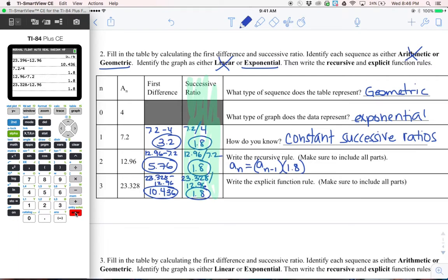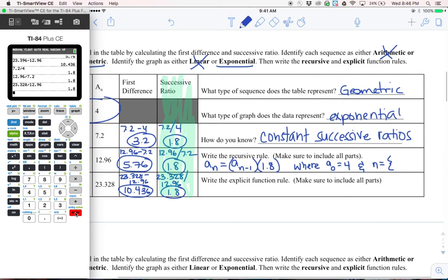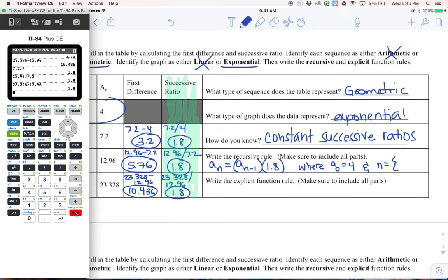All right, now make sure to include all parts. Here's what that means. You need to tell me the initial amount. So a sub 0, the initial amount was 4, and n is equal to something. Now this one depends on how you wrote your rule. Since I used n minus 1, I have to start with 1.